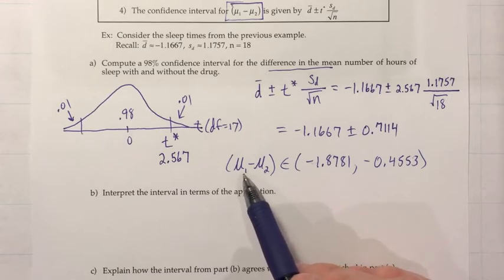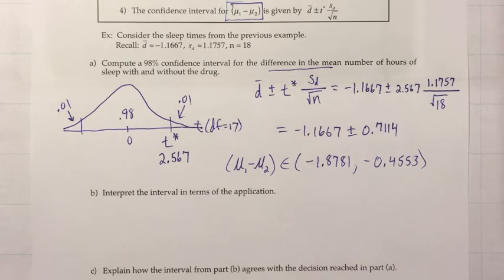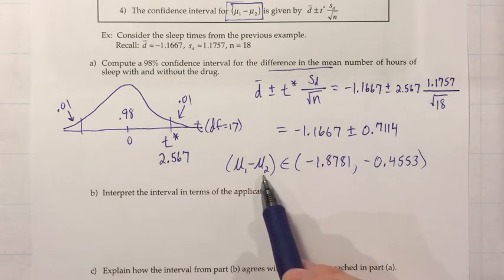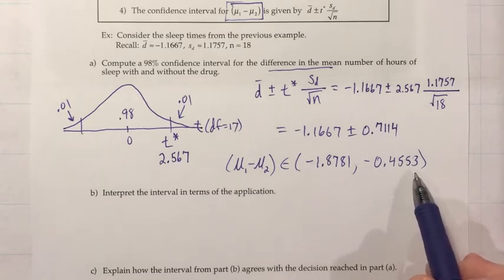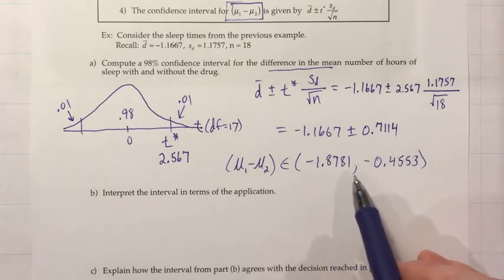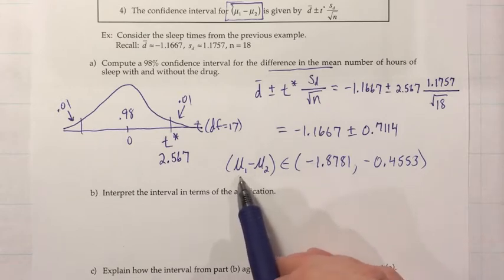Mu1 is the mean amount of sleep people would get on a night where they took the placebo. So let me try it in words and then I'll try and write it down. I'm 98% confident that the true mean amount of sleep people would get the night they took this drug is somewhere between 0.4553 hours and 1.8781 hours more than what the average would be if they took a placebo.